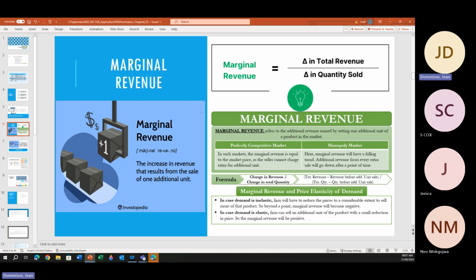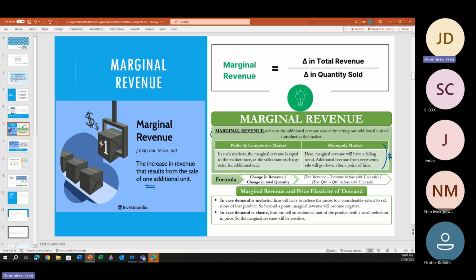So I just added what is marginal revenue, the definition, but this is really more on the economic side. But I thought let's just add in some definitions of marginal revenue. And basically what it means, it's the increase in revenue that results from a sale of one additional unit.